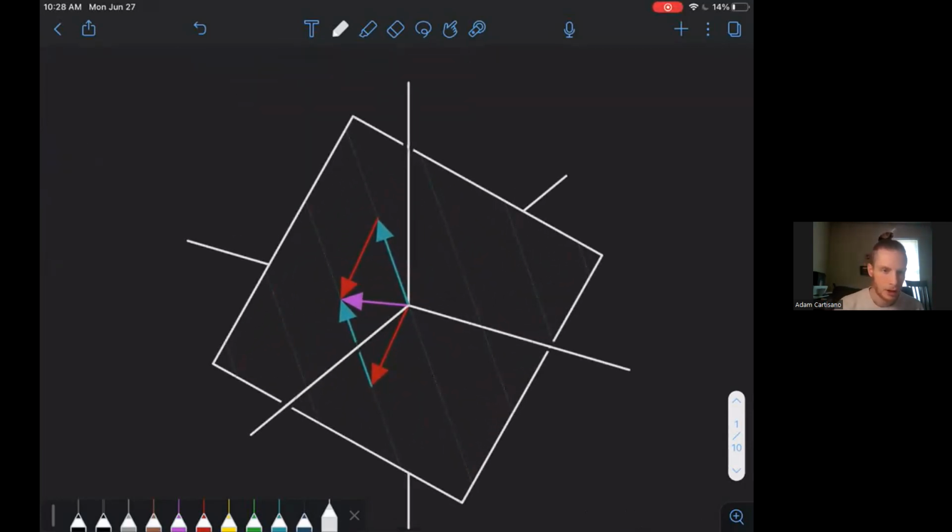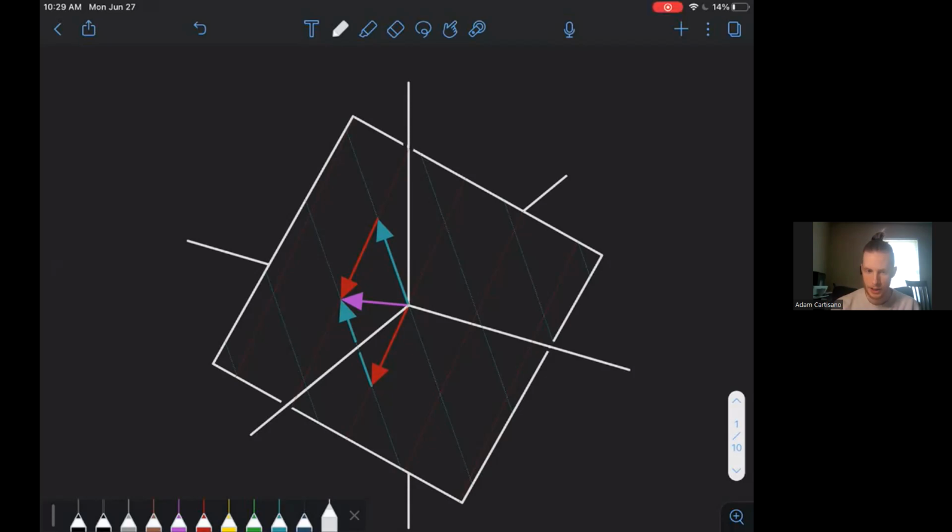Okay, you still can't see them. That's okay. All of the vectors that you see sprouting out of the origin are meant to be living inside of this plane, right? And so I've drawn some grid lines to illustrate that.